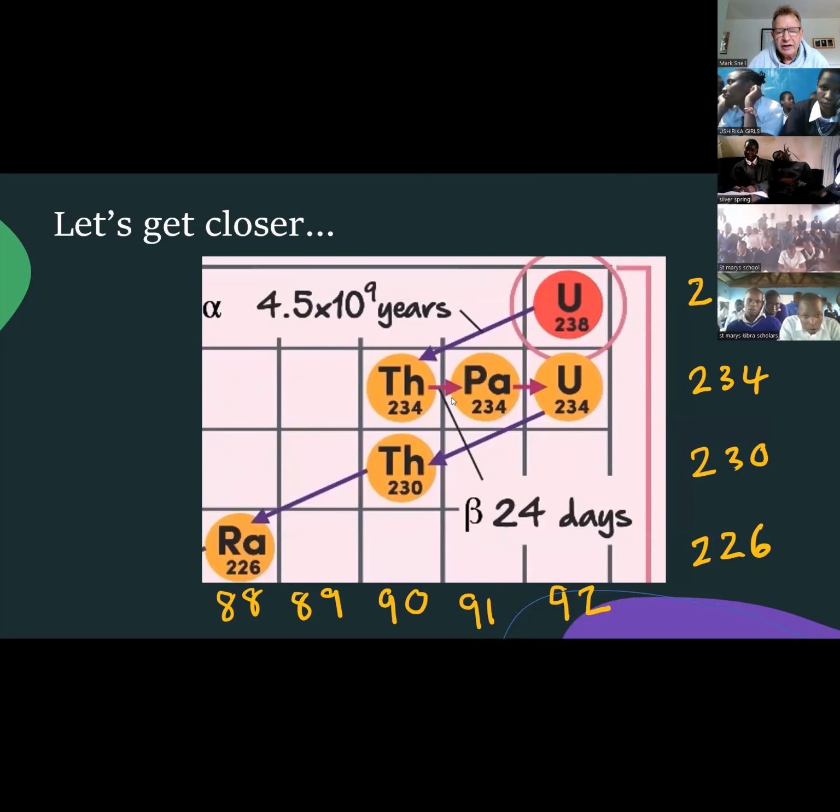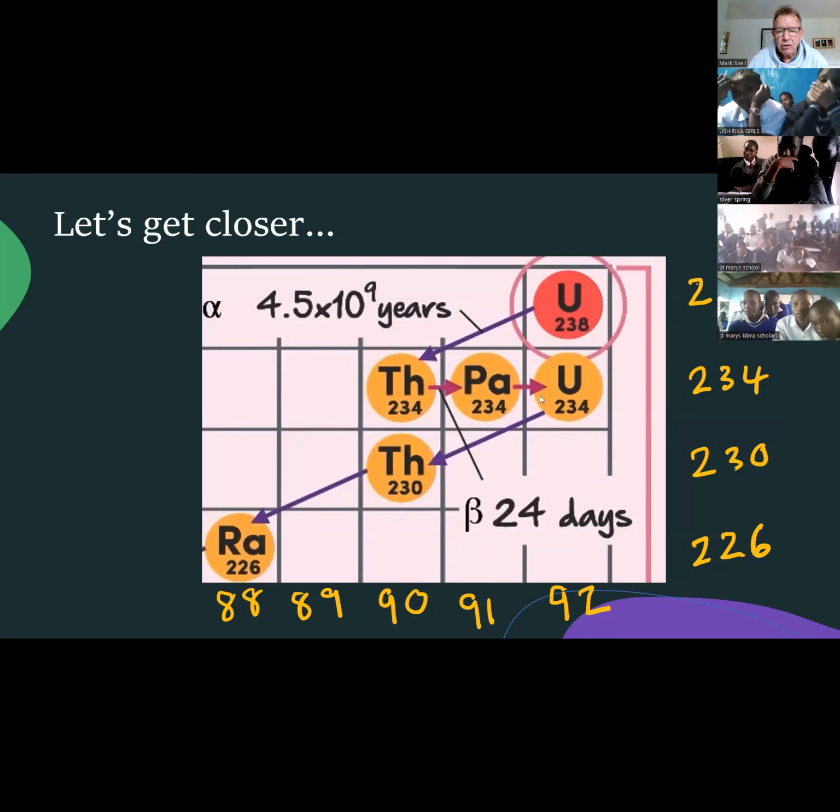The ones which go straight across, if you look at it, there is no change to the mass number, to the atomic mass. Okay, so these here, Th, Pa, U, thorium, protactinium, uranium, these are all 234. But thorium has 90 protons, protactinium has 91, and uranium is number 92.